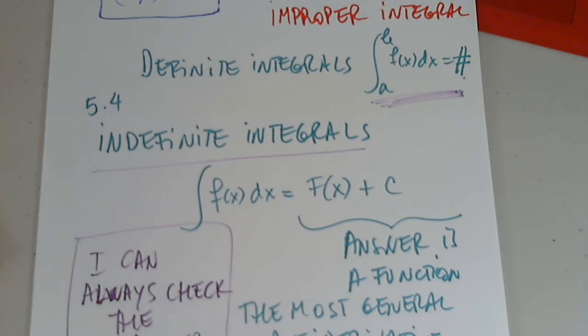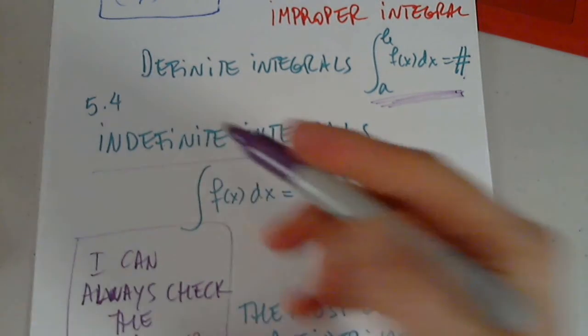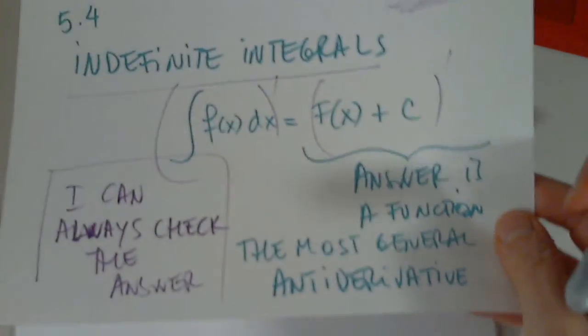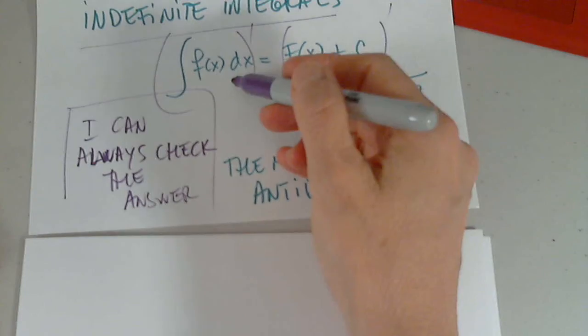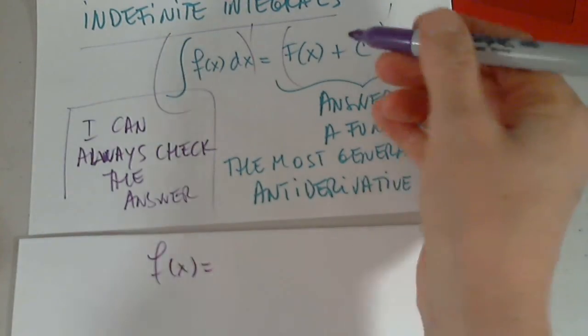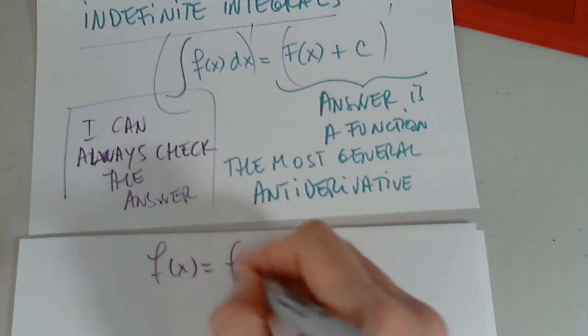By something I just learned from Fundamental Theorem of Calculus, Part 2. How will I check the answer? By differentiating. Exactly. I will differentiate this side, I will differentiate that side. When I differentiate the antiderivative, I have to get the function.